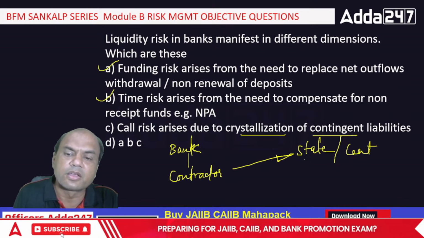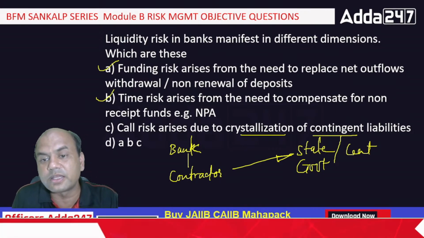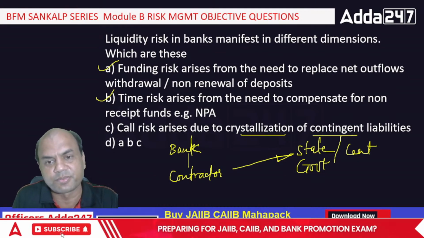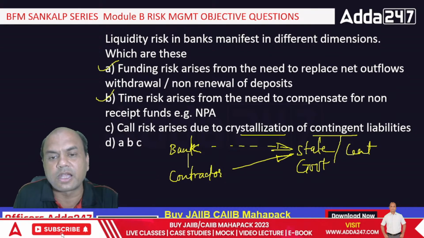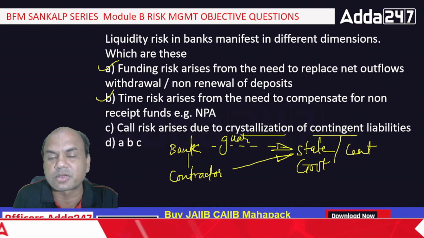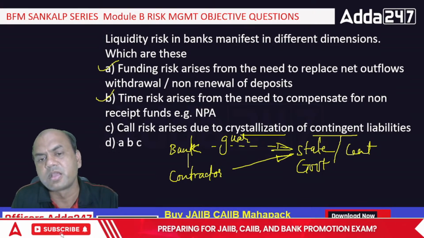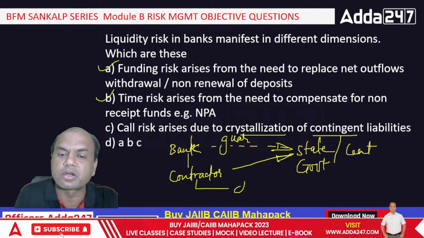What happens? This government wants this contractor to submit a bank guarantee. Only then will they issue the contract to this person. So you give a guarantee to this government on behalf of your customer, the contractor. Now what happens? This contractor does not build the road.